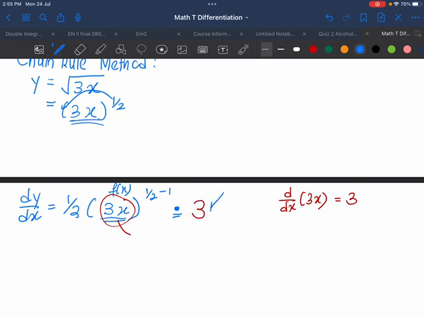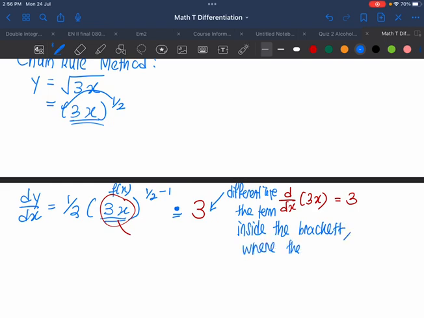This one is differentiating the term inside the bracket, where the term is a function.